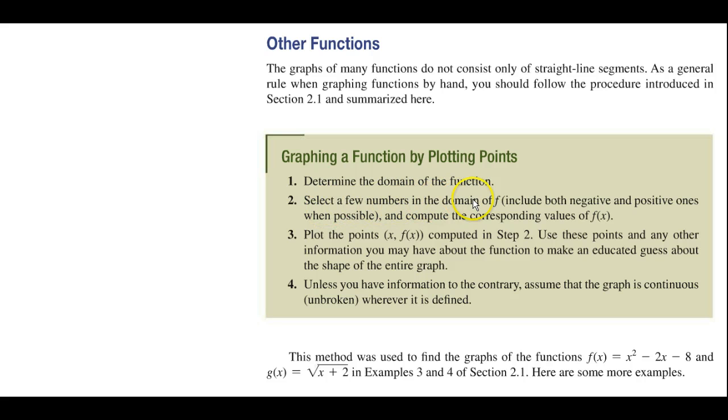Select some points, include both negative and positive ones, and then you plot the points, and that'll give you the general shape of the graph. Then you make an educated guess about the entire shape, and unless you have been informed to the contrary, assume that the graph is continuous, that is, unbroken, unless they give you a qualifier of some type.